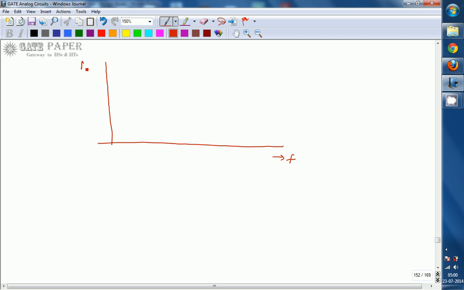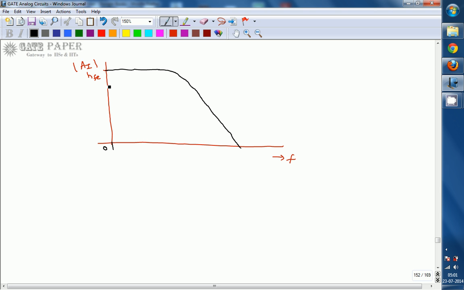Initially the value is HFE for 0 and low frequencies, and afterwards it reduces towards 0.